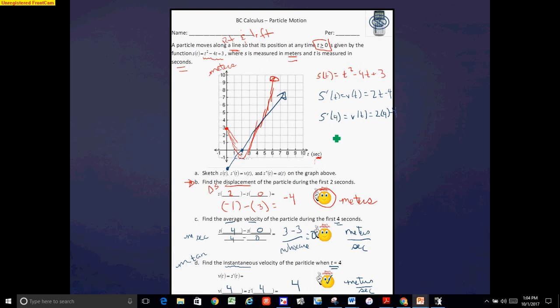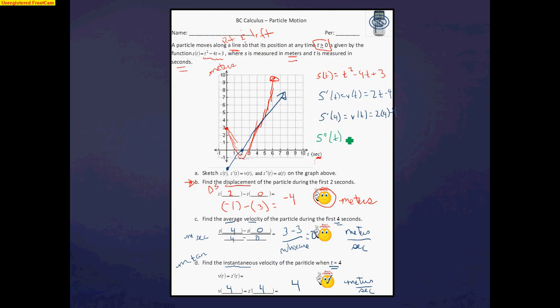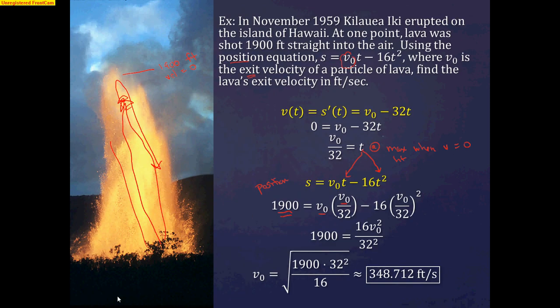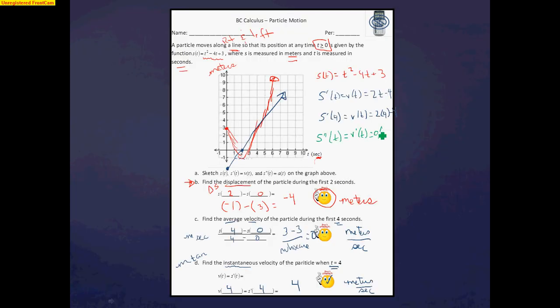I didn't find the acceleration, so s double prime of t is equal to the first derivative of velocity, which is equal to acceleration. Oh, that's a terrible looking t, isn't it? I mean terrible looking a, which is a of t. Oh, I ran out of room.